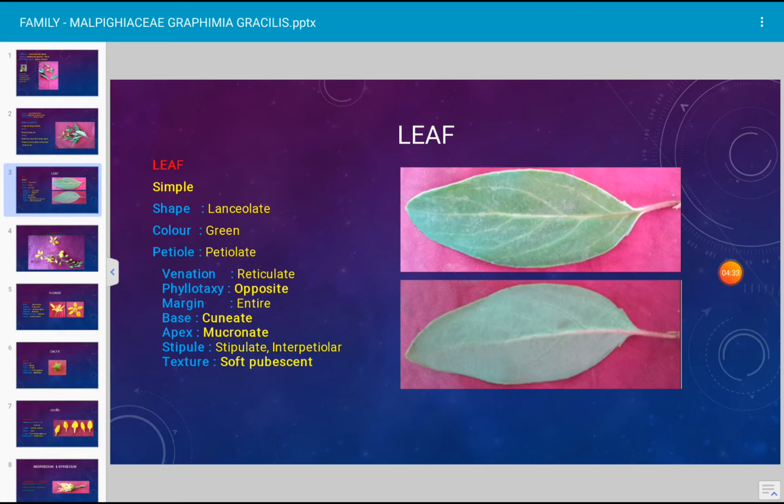And how is the position of stipule? It is interpetiolar. Stipule is interpetiolar. That means when the stipule is located in between the two petioles of the two opposite leaves, it is termed as interpetiolar stipule.